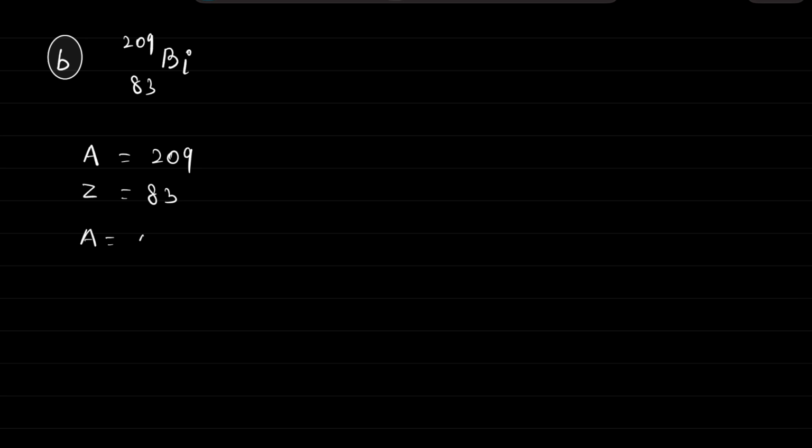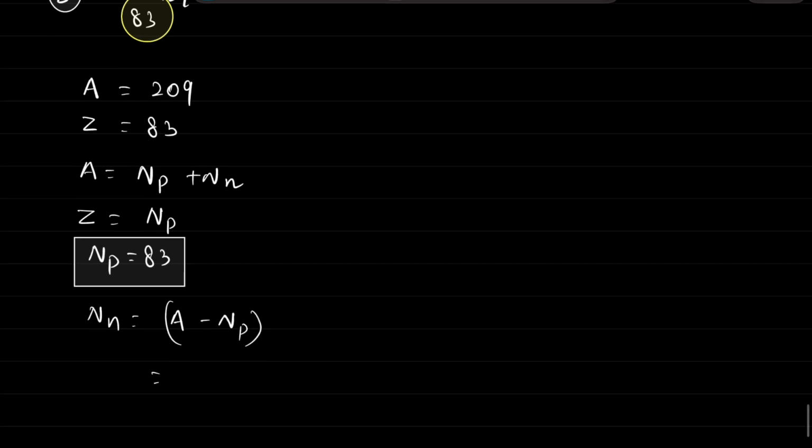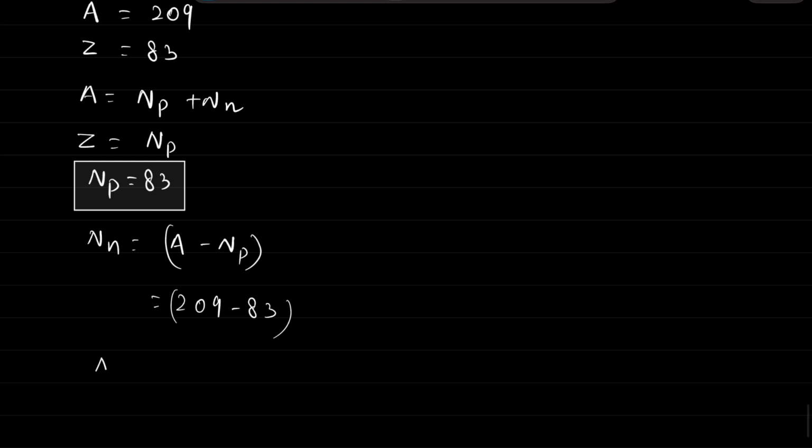A is equal to Np plus Nn and Z is equal to number of protons, so the number of protons is equal to 83. The number of neutrons is equal to A minus Np, which is 209 minus 83. So the number of neutrons is equal to 126.